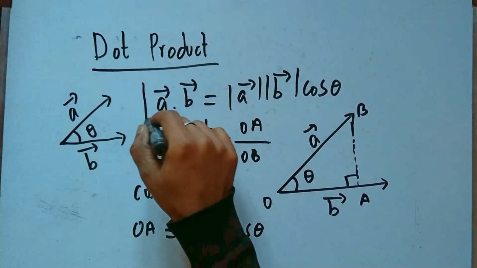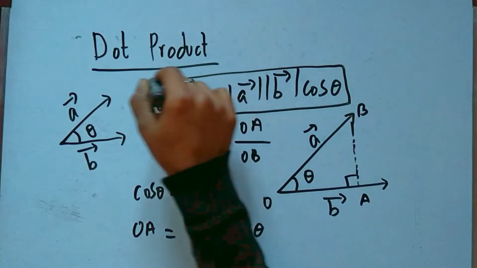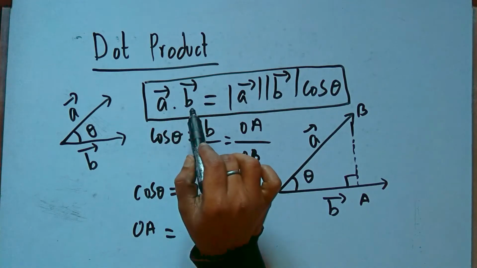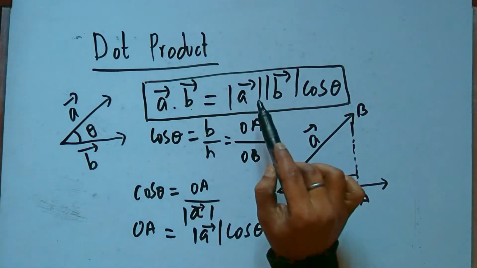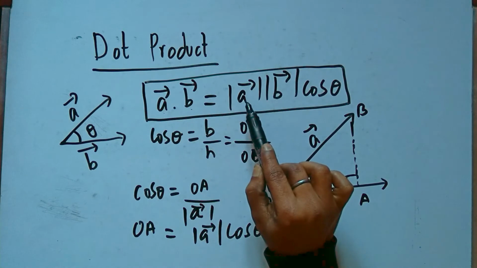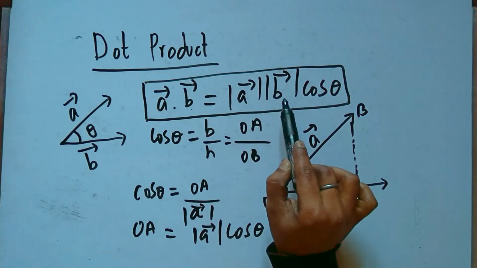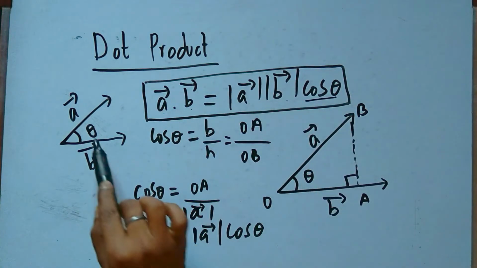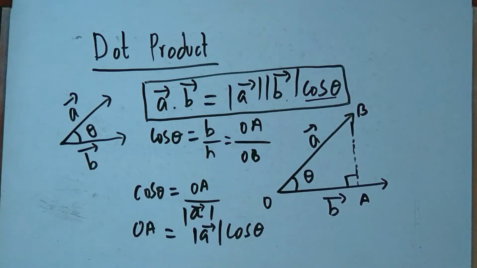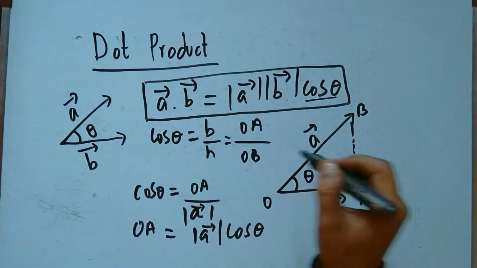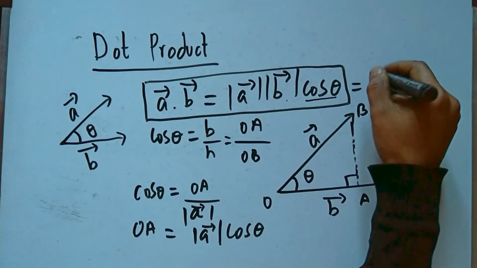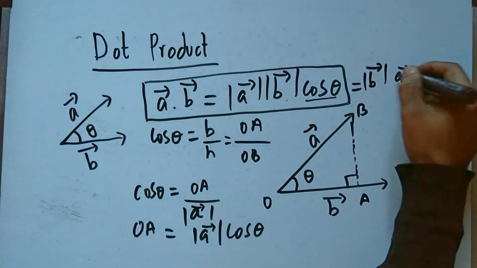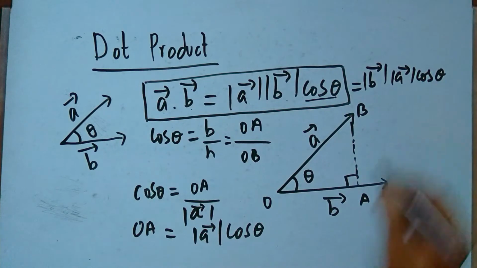So this is the mathematical definition of dot product, where dot product of vector A with vector B is simply multiplication of magnitude of vector A and magnitude of vector B times cos theta, where theta is the angle made between them. So if we see here, we can write this as B times A cos theta.